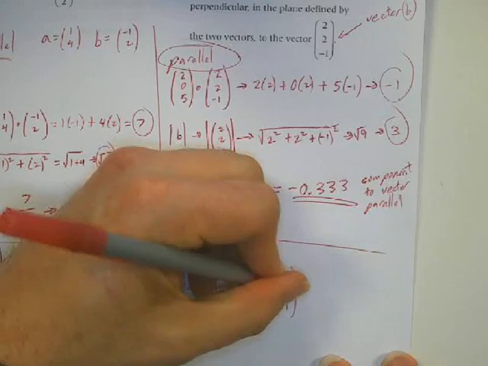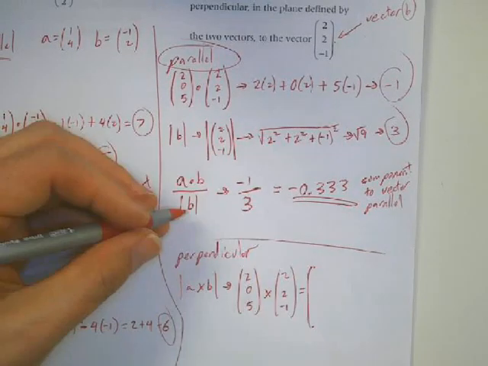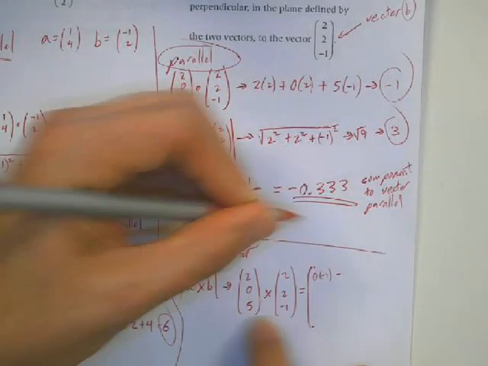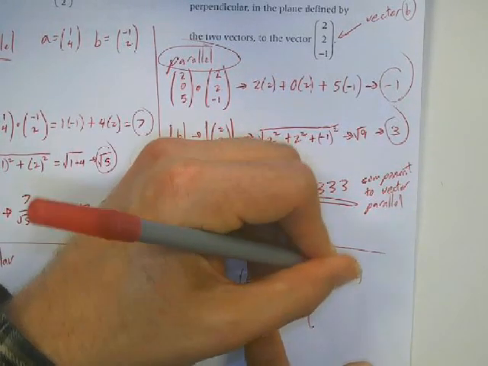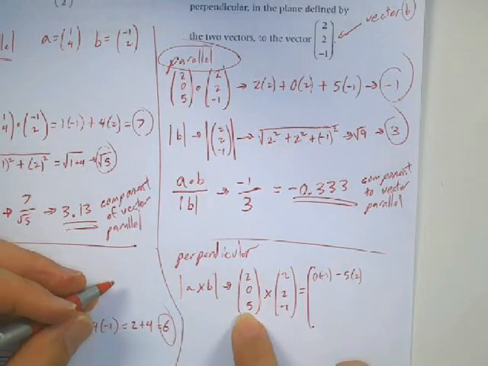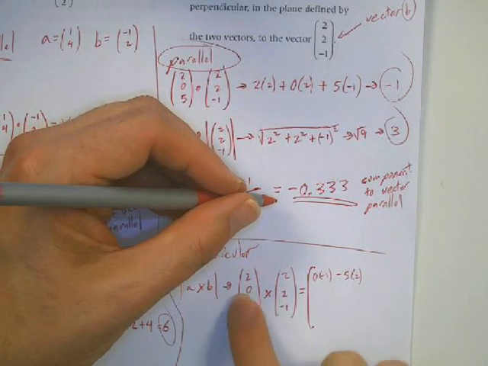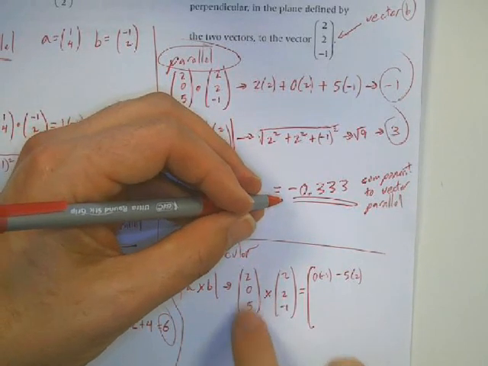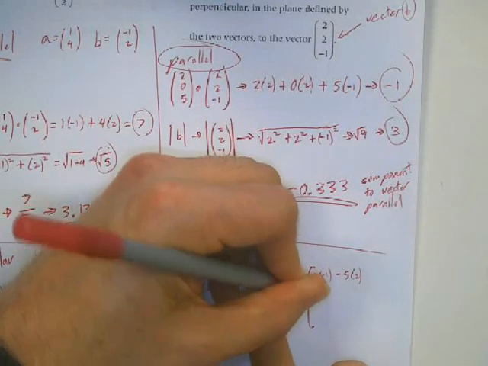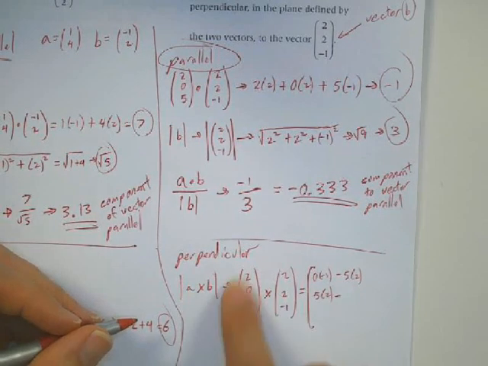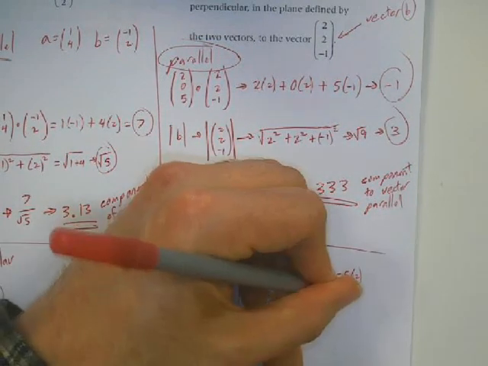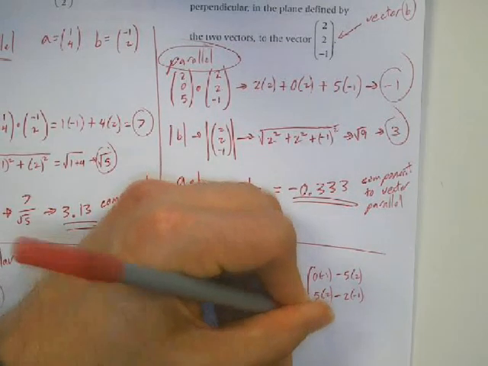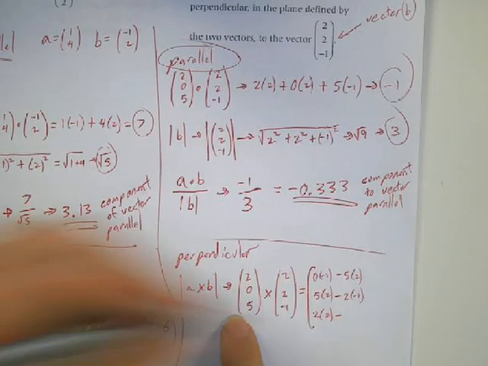That is equal to 0 times negative 1 minus 5 times 2, then 5 times 2 minus 2 times negative 1, and then the last one, 2 times 2 minus 0 times 2.